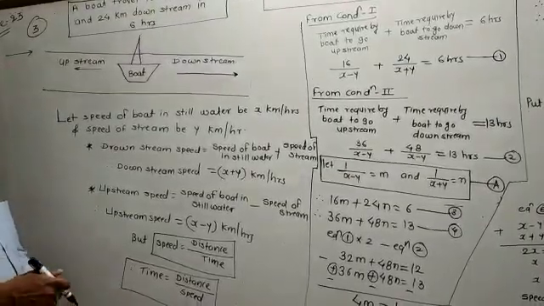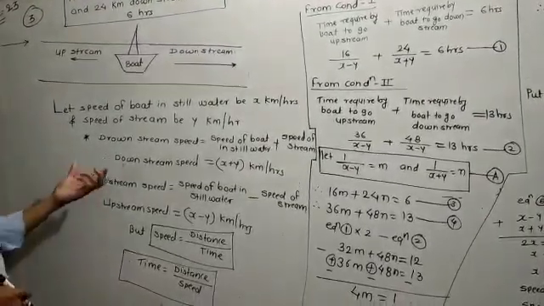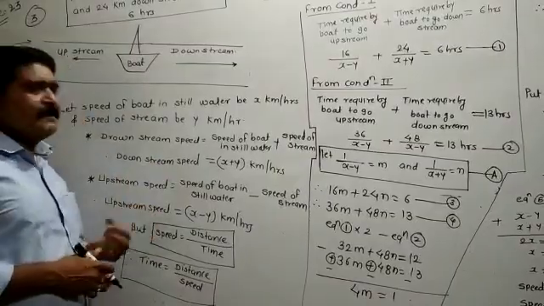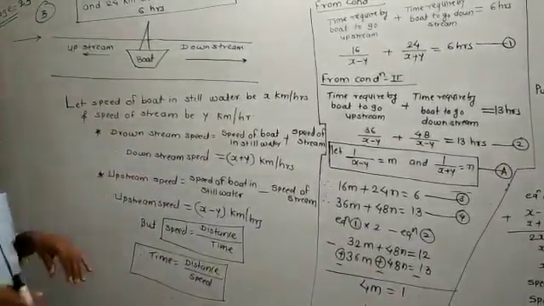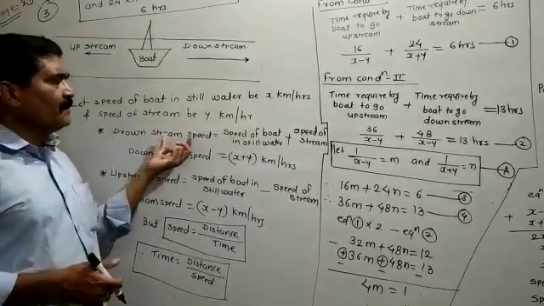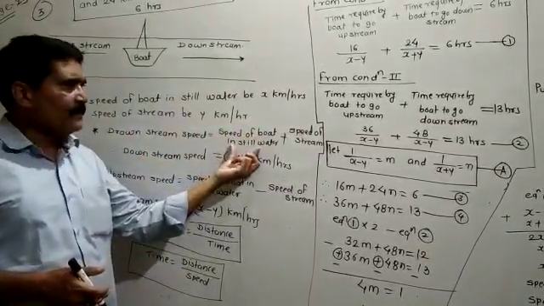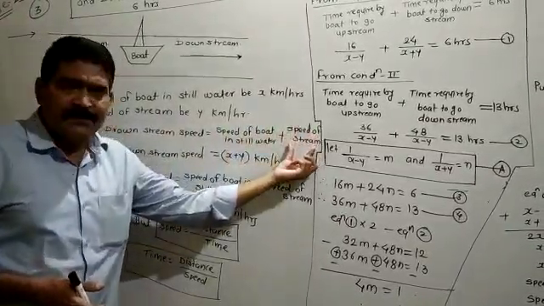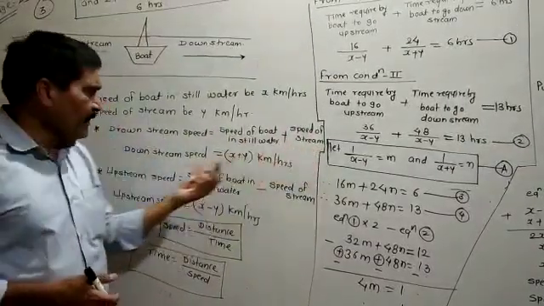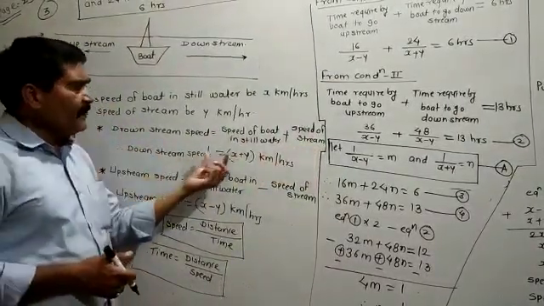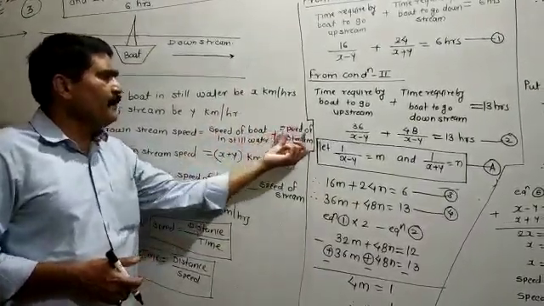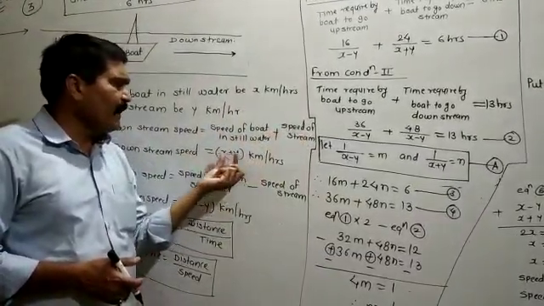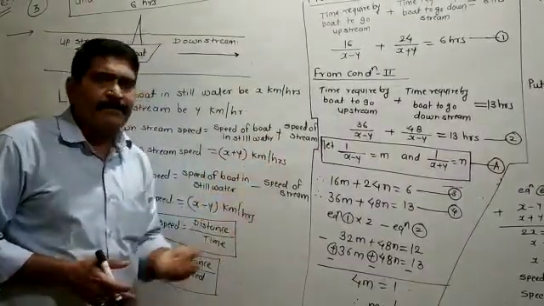Then friends, you have to find out the downstream speed and the upstream speed. Downstream speed is equal to speed of the boat in still water plus speed of the stream. Then downstream speed is equal to x km per hour plus y km per hour, x plus y km per hour.